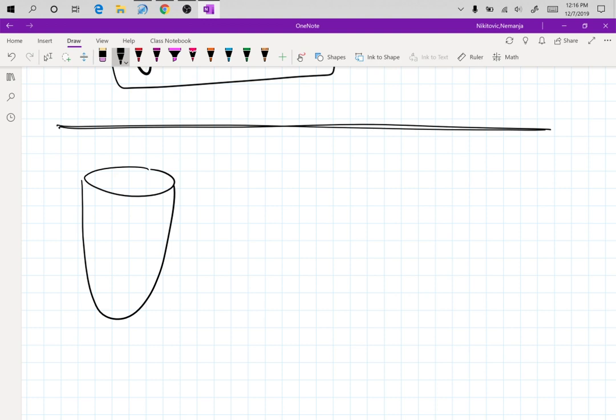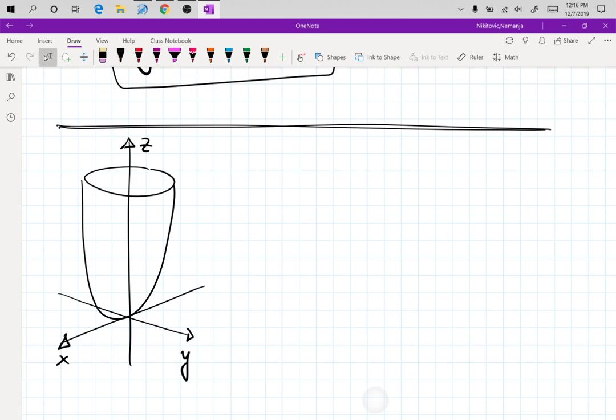It's going to be called an elliptical paraboloid, but most of the time it will have a circle. So something like this in Calc 3 with the z-axis and the x-axis and the y-axis will be called an elliptical paraboloid, and this one in particular could have z equals, let's say, 3x squared plus 3y squared, right?